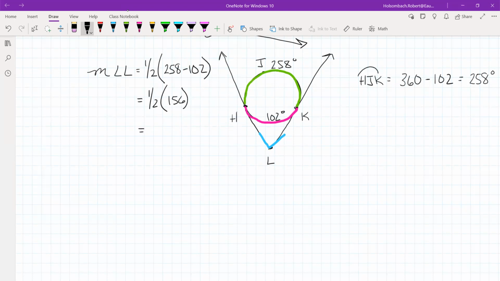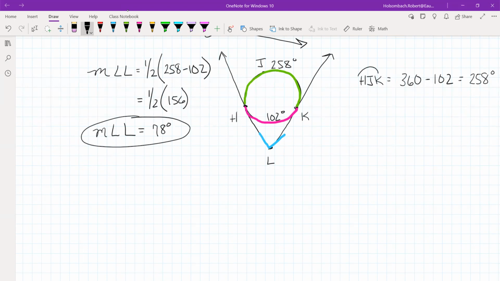And that is equal to 78 degrees. So there's your measure of angle L. Everybody good with that?